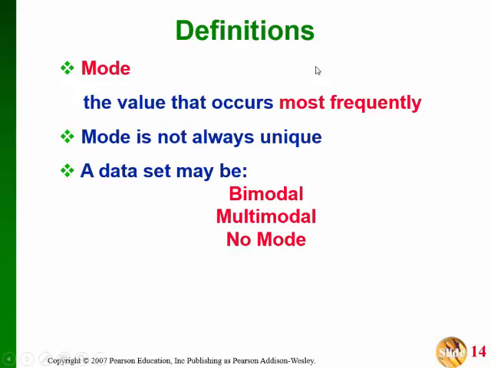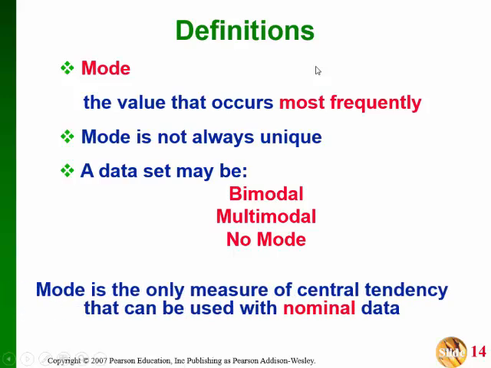One more measure of central tendency is the mid-range. So the mid-range is really just taking a look at two values, the very smallest and the very largest, and finding the mean between them.